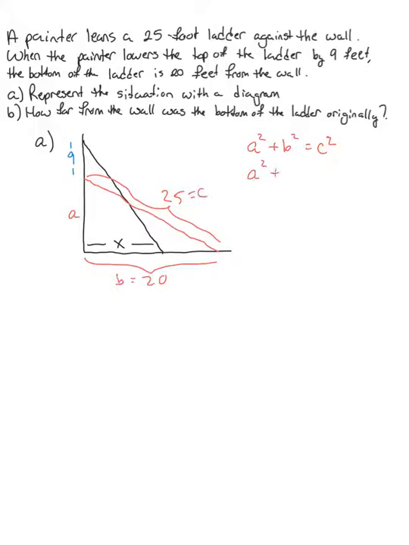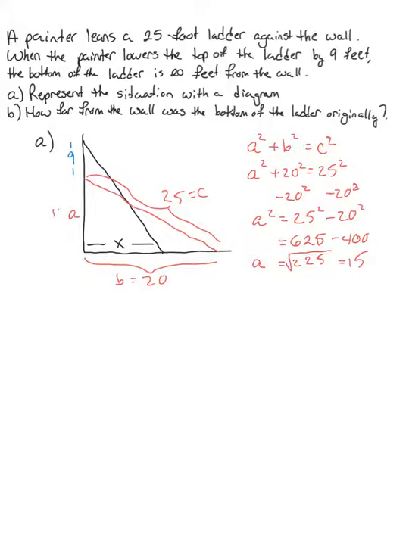So we get a squared plus 20 squared equals 25 squared. We can subtract 20 squared from both sides to get a squared equals 25 squared minus 20 squared. This is equal to 625 minus 400, which is 225. We can take the square root of both sides, and that is equal to 15. So this length here is going to be equal to 15.